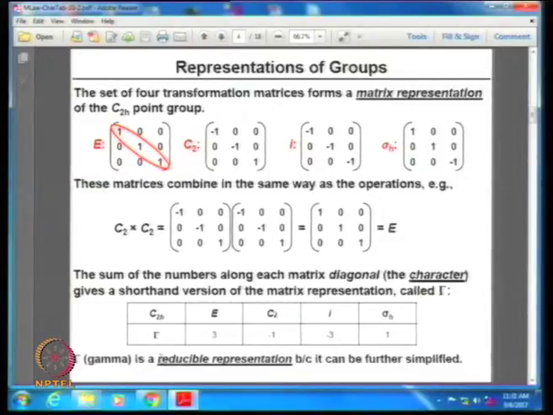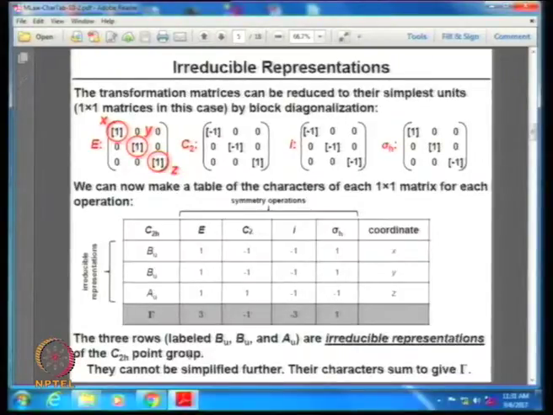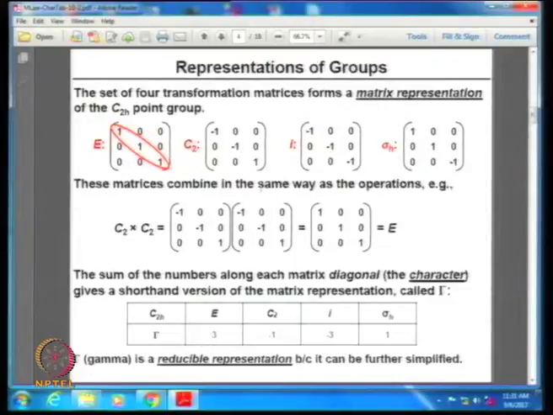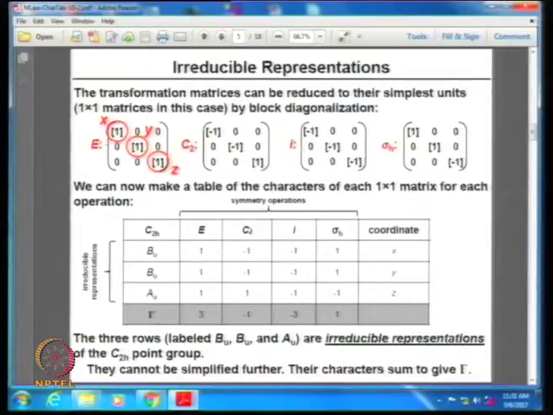Okay. Now this gamma is reducible, and one of the ways of seeing it is that after all it is just 1, 1, 1 dimensional. So it is block diagonal, with each block just containing one element. So this is clearly a reducible representation, and that's what is identified.